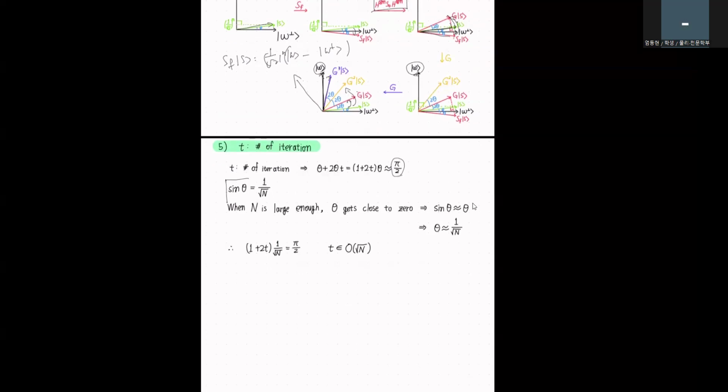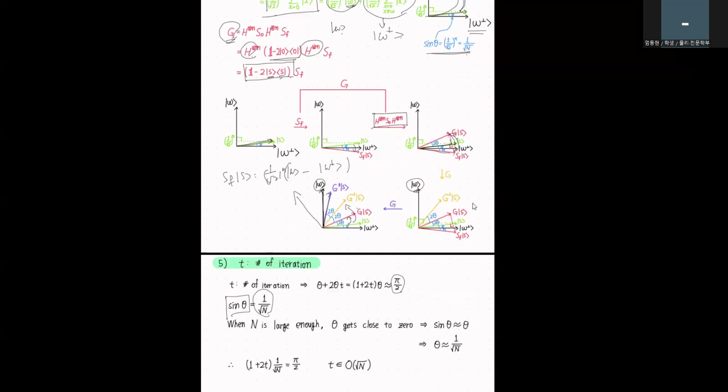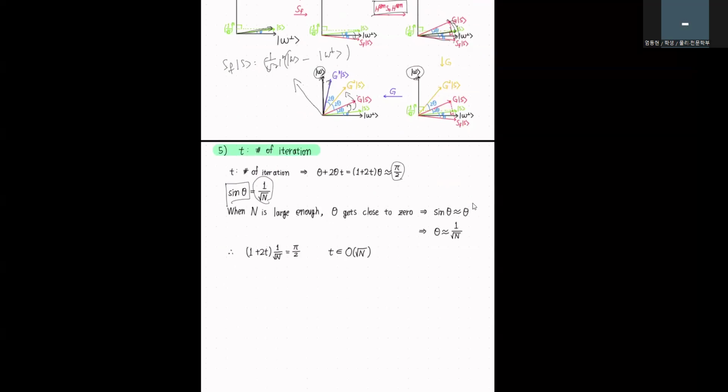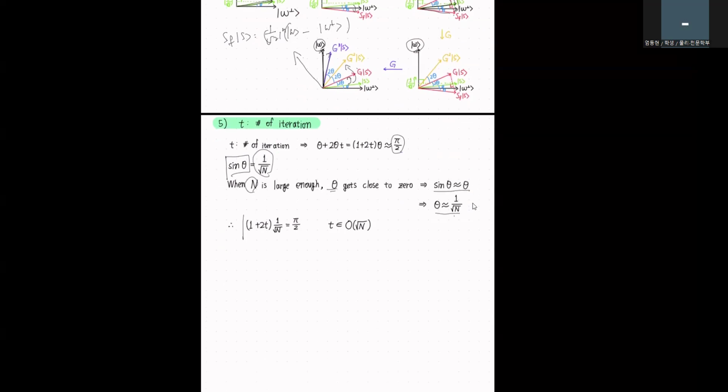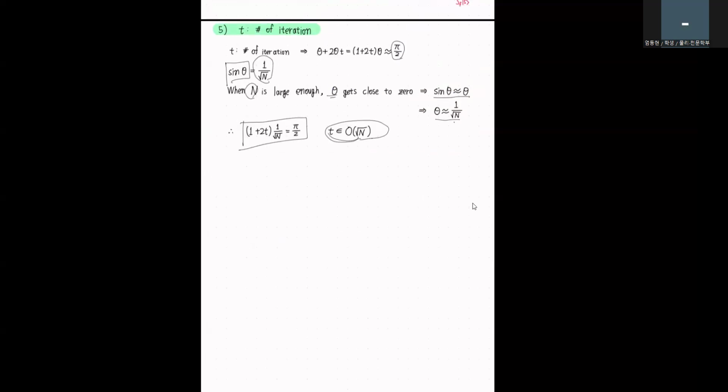So sine theta is the square root of 1 over n, of course, because of our definition of S. And so when n is large enough, theta gets close to 0. So for very large n, we can approximate it as this. And then if we plug and chug this into here, we can see that the number of iterations we require for it to be pi over 2 is, of course, proportional to the square root of n.